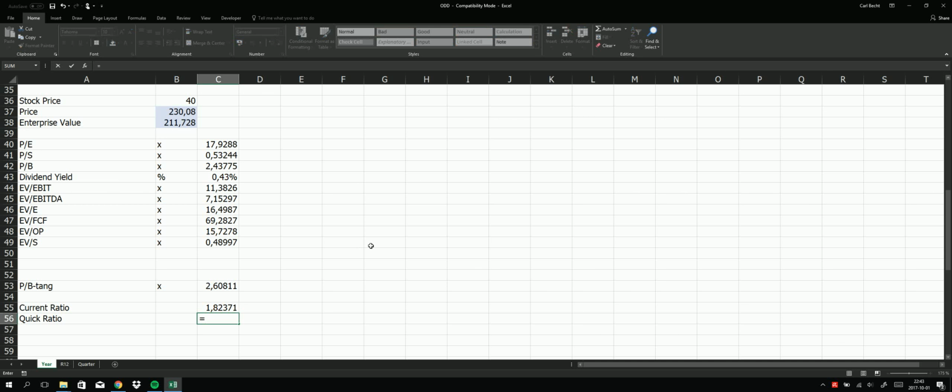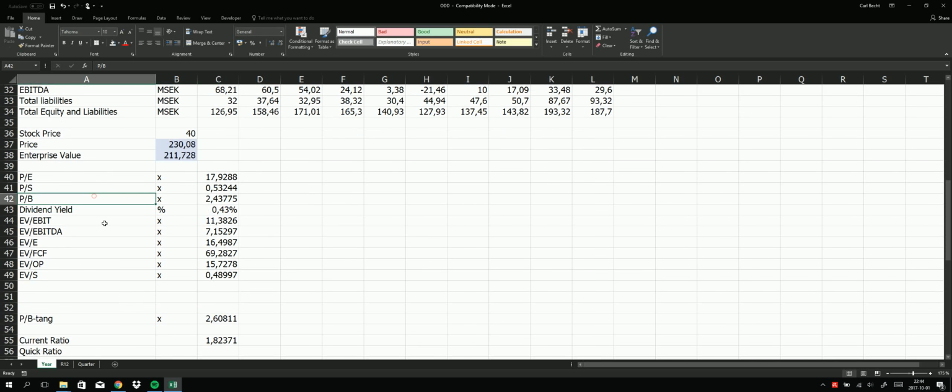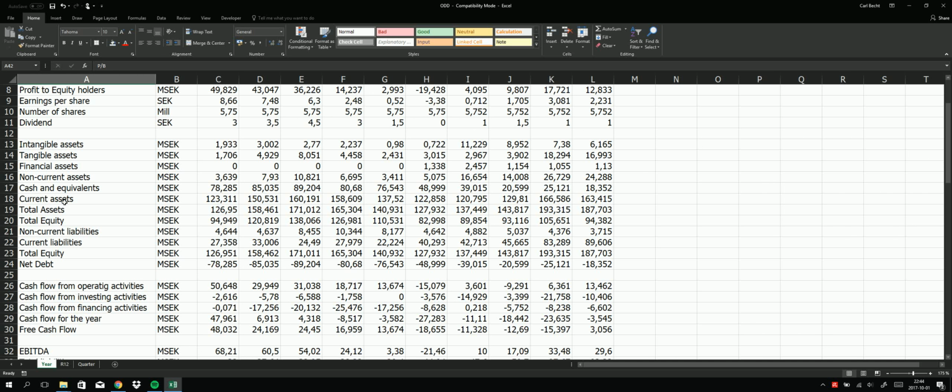In order to calculate the quick ratio, it would be essentially the same. You just adjust the denominator. So current assets minus, what's it called?